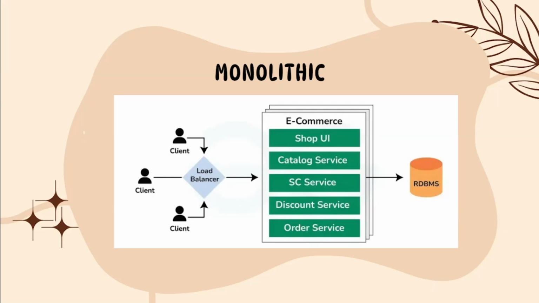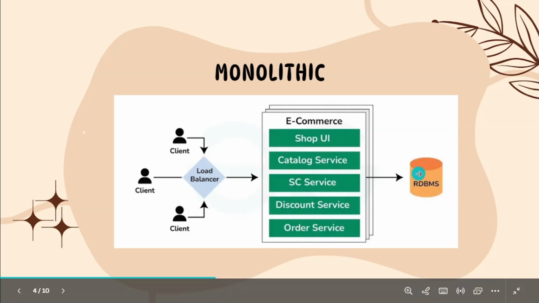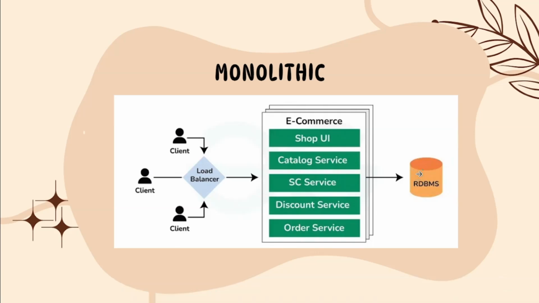Everything will be in a single project with a single database. Here you can see we have multiple services attached to one single relational database, right? Everything is combined into a single project. It's called a monolithic architecture.